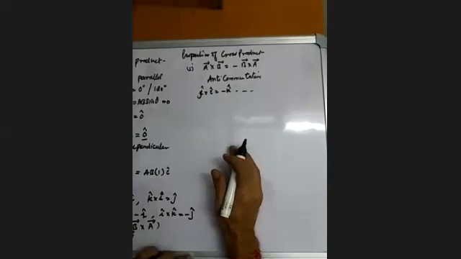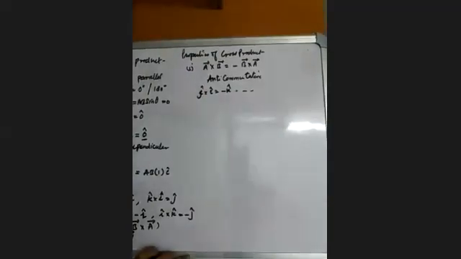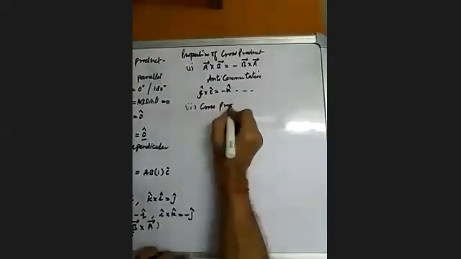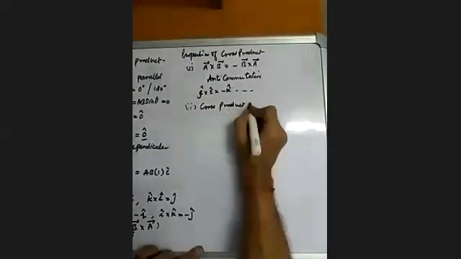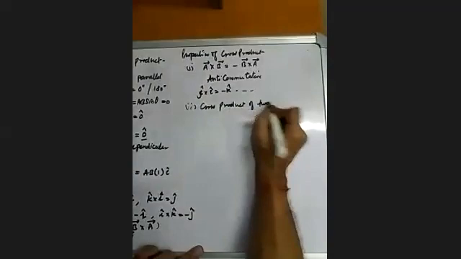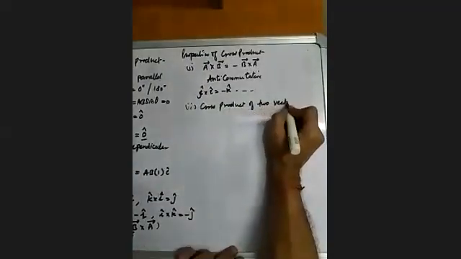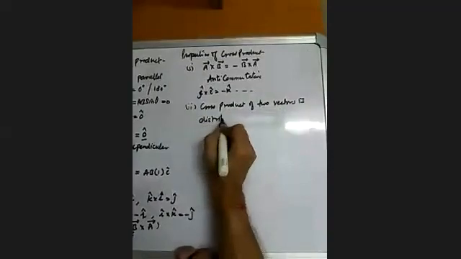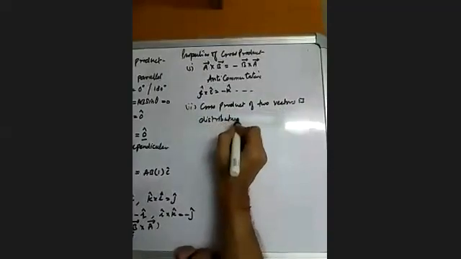Let me prove this. So, the product of two vectors is distributive.